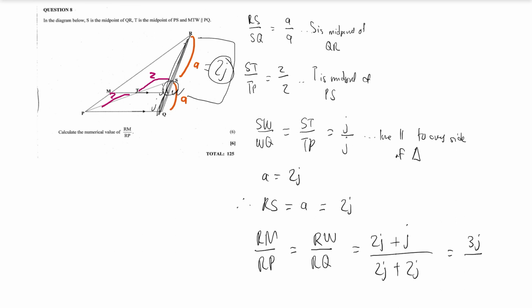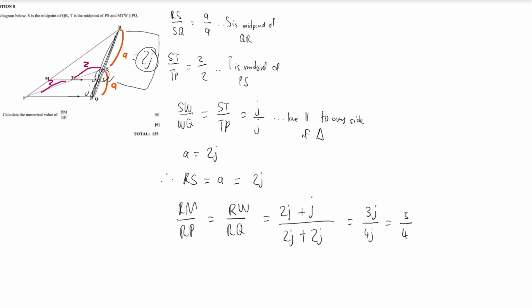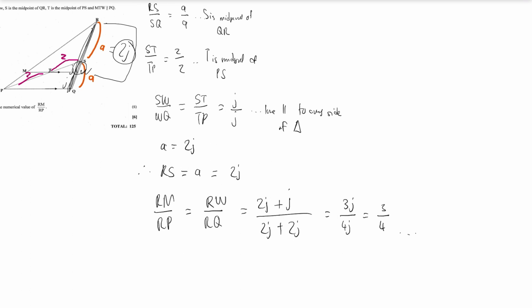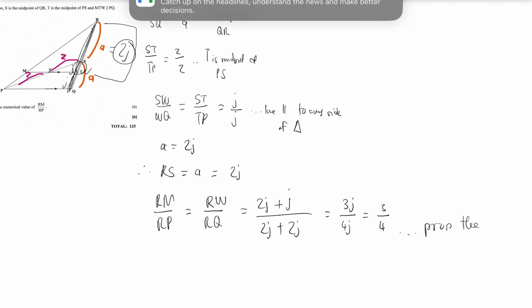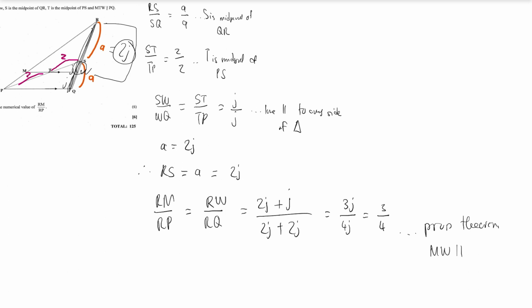This is 3J over 4J, which gives you 3 over 4. Our reason for this is the proportionality theorem, prop theorem. And which sides were parallel? MW was parallel to PQ. And that's the video, guys.